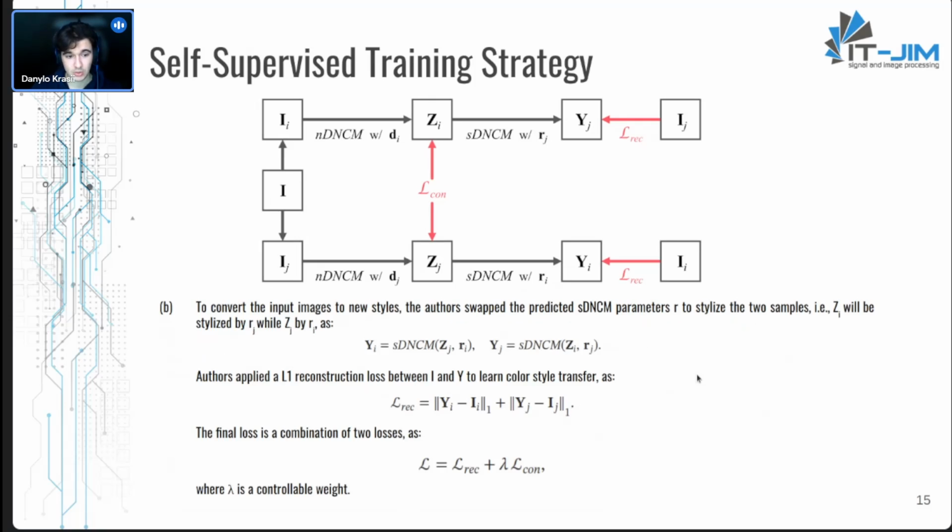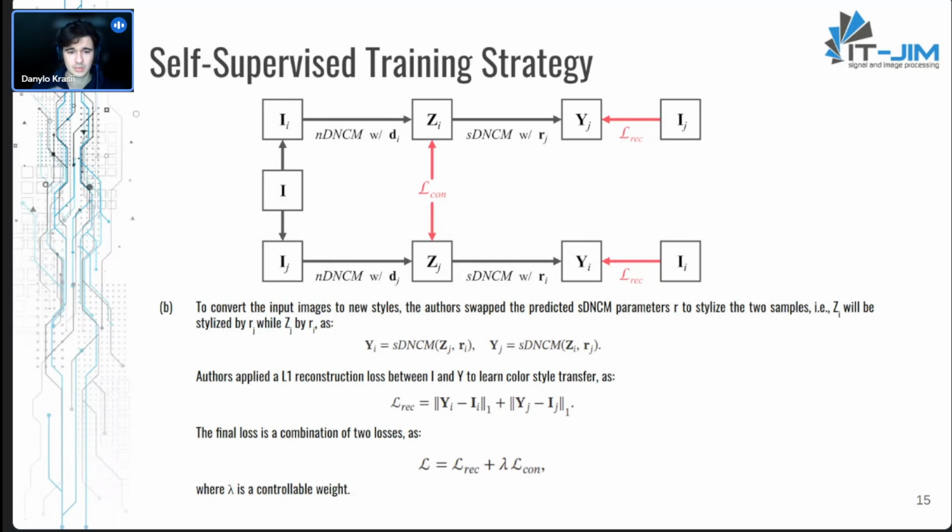And the second stage of the pipeline aims to stylize the normalized images. So to convert the input images to new styles, the authors swapped the predicted CSNCM parameters R to stylize the two samples. That means that z_i will be stylized by R_j and z_j by R_i.